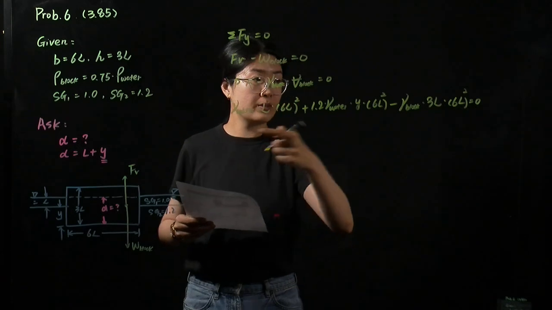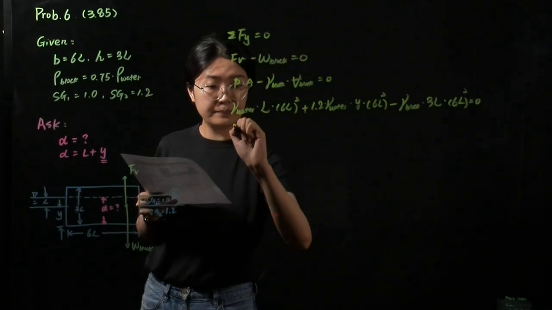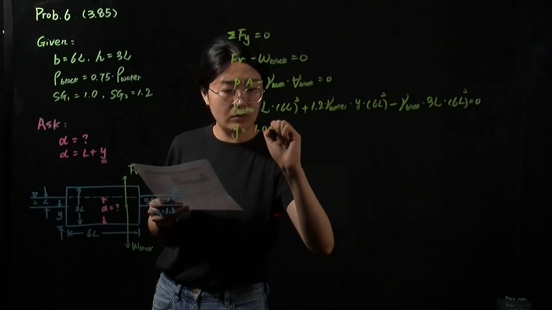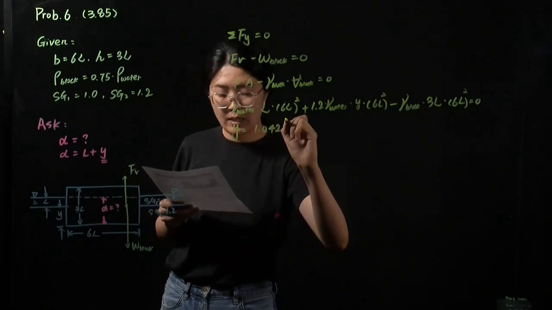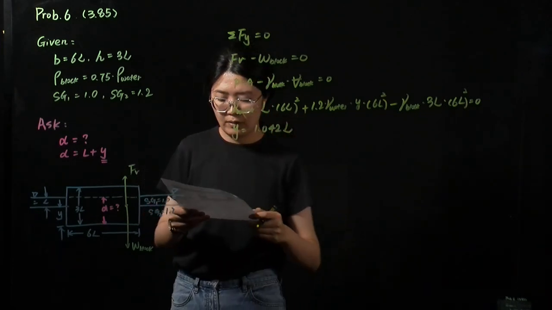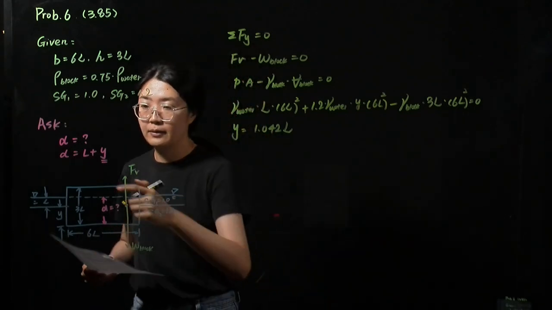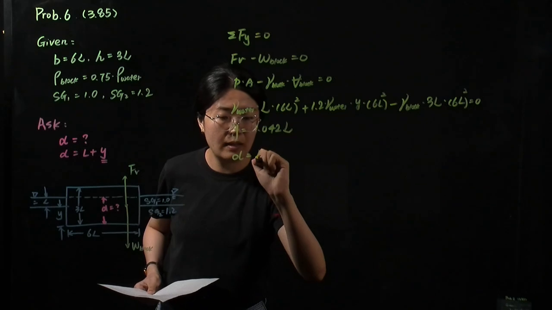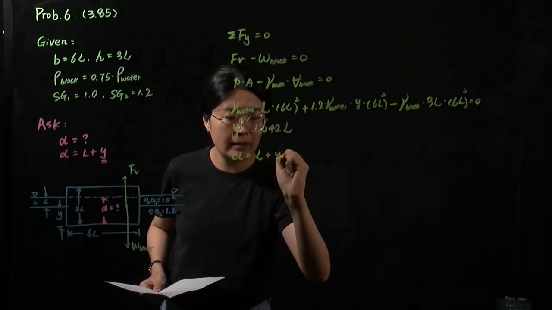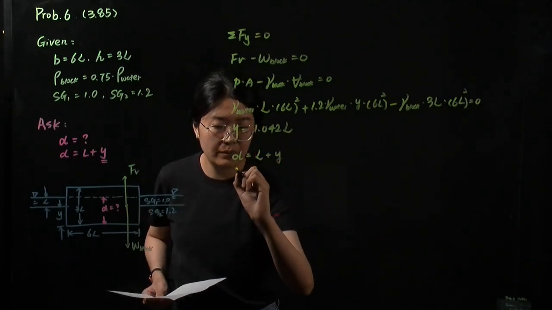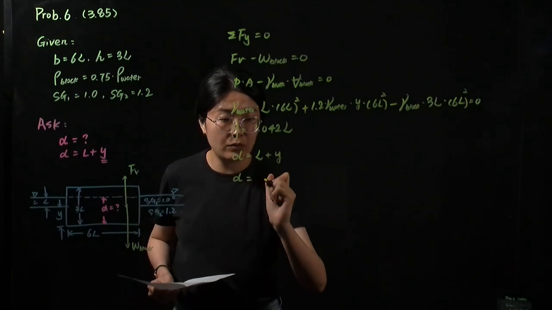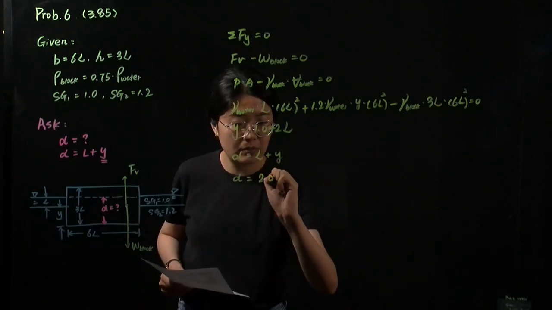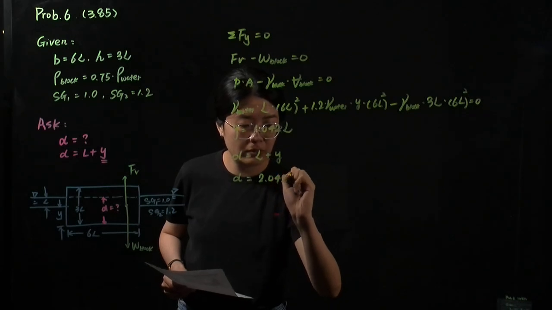So after we solve this equation, we get Y equals 1.042 times L. And then we can determine D, because D equals L plus Y. So D equals 2.042 L.